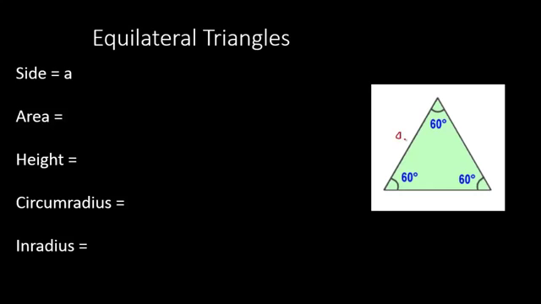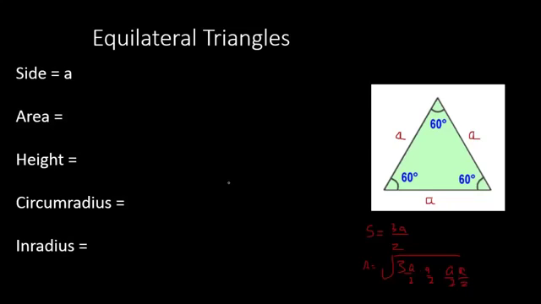So if this is side A, that would be side A, and that would be side A. Now if you remember Heron's formula, where the semi-perimeter was the sum of all 3 sides divided by 2, then in terms of area, you get the square root of semi-perimeter into S minus A, which will be again A by 2, S minus B, and S minus C.